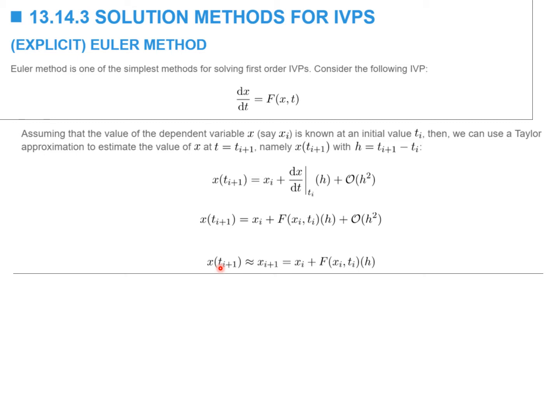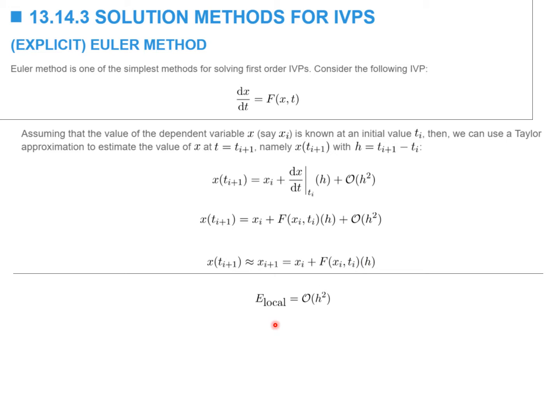If I ignore the error term, then I can assume that the value of x at time ti plus 1, namely x sub i plus 1, is equal to x sub i plus the expression f evaluated at xi and ti multiplied by delta t, and delta t here is given by h.